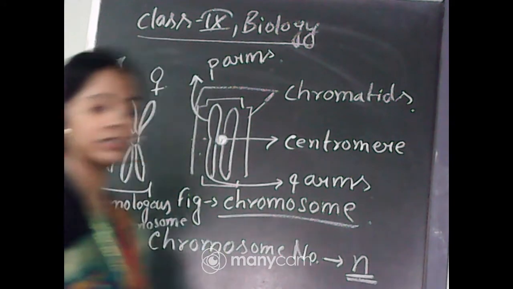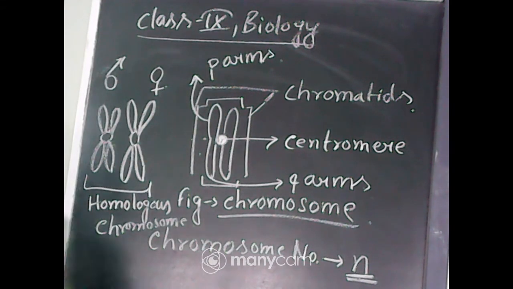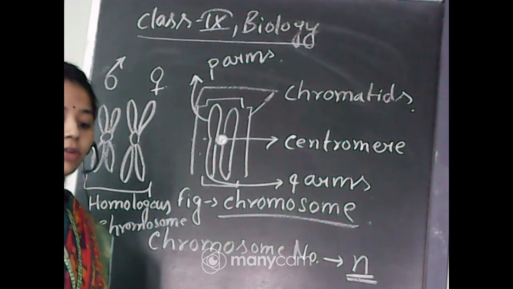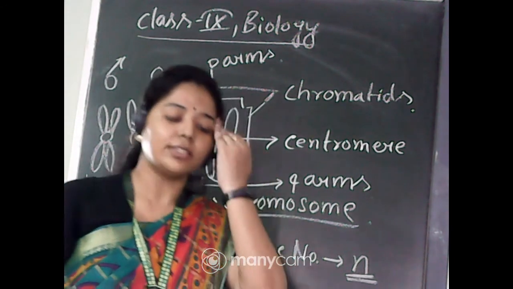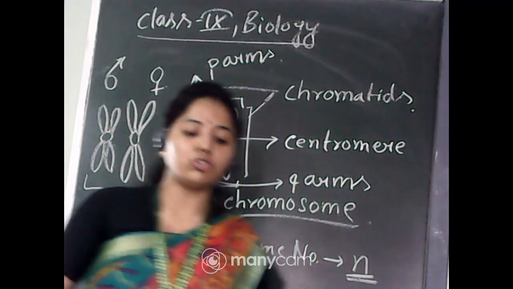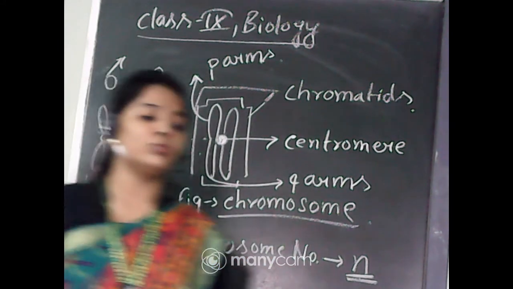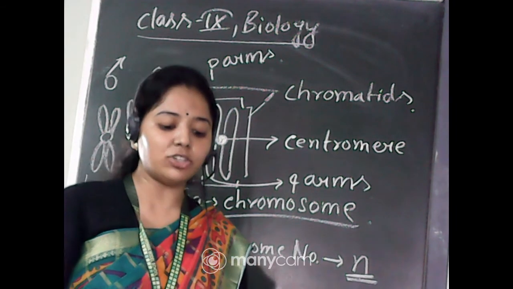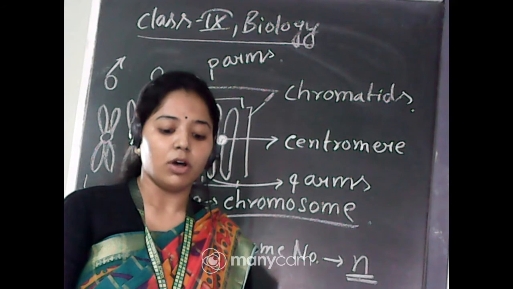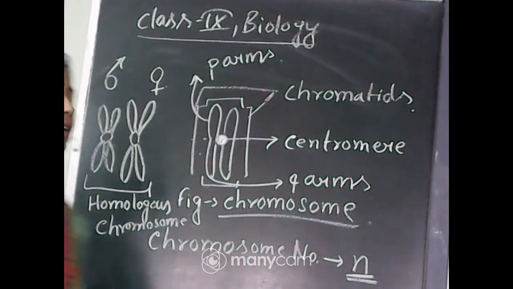Understood? So you have come to know homologous chromosomes, and in each homologous pair one chromosome belongs to the father and the other to the mother. Now the presence of these two sets of chromosomes, or genomes, is known as diploid.